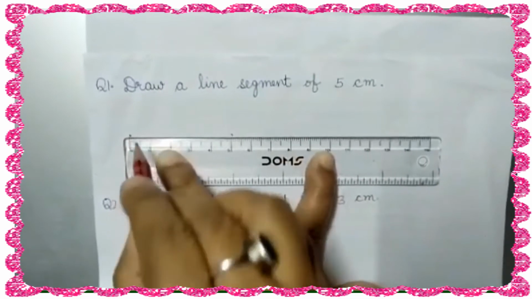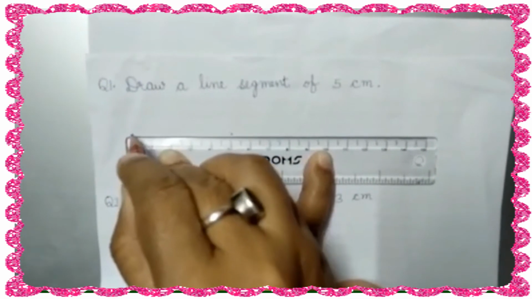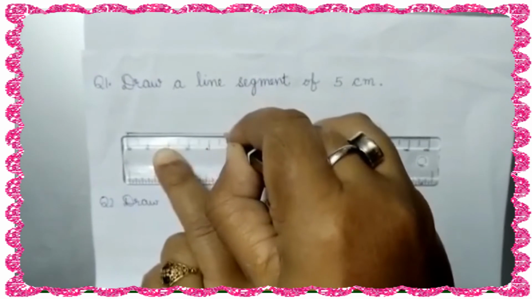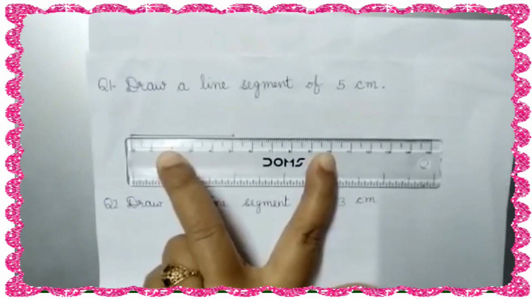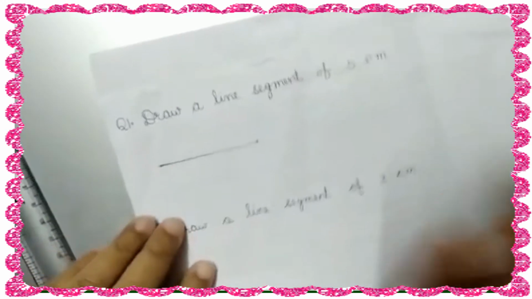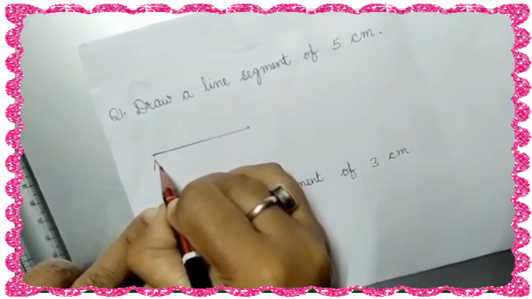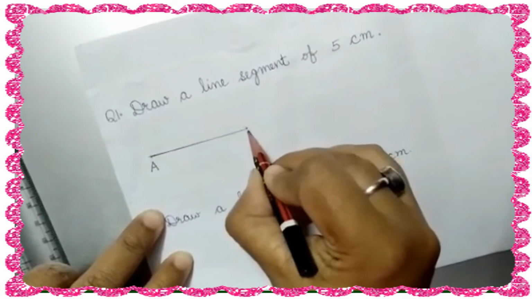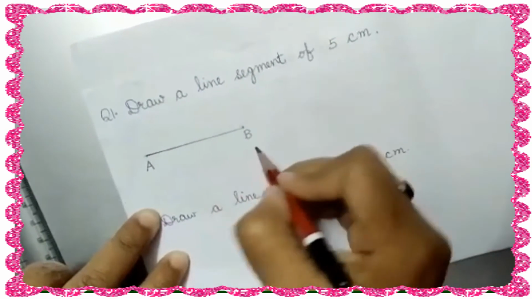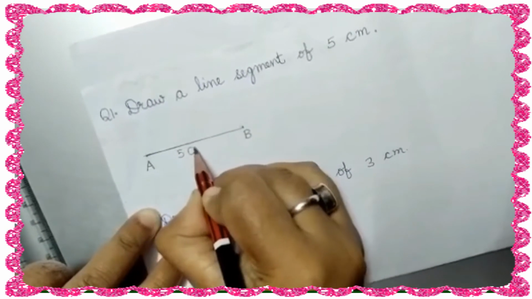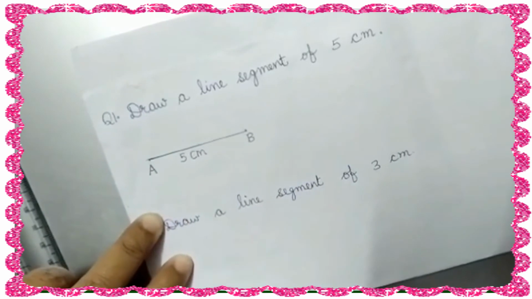And now we will join these 2 markings. Like this. And now we will name the line segment AB, and what is the measurement of this line? 5 centimeter. So we will write here 5 centimeter.